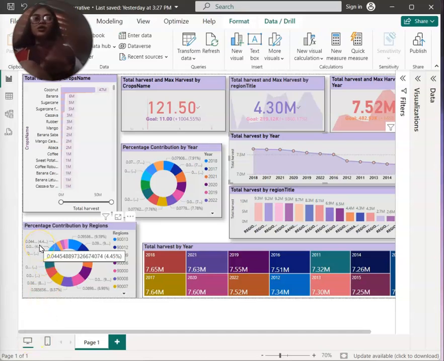The visualizations are categorized in various segments, including total harvest by crop, total harvest by year, total harvest and max harvest by region, percentage contribution by year, percentage contribution by regions, total harvest by year, total harvest by region.